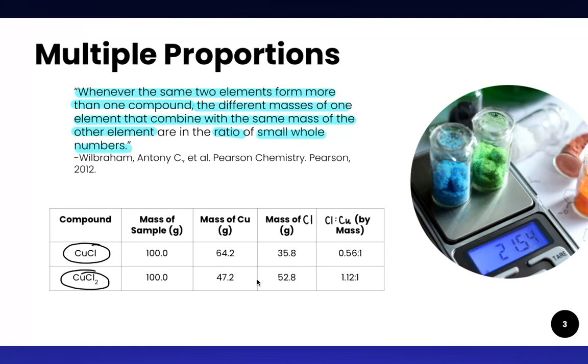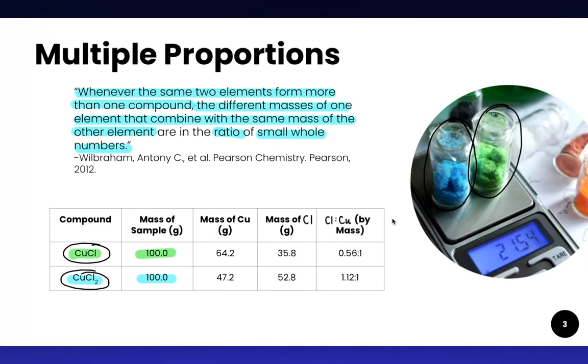Copper 1 chloride is this green chemical, and copper 2 chloride is this blue one. Okay, so we're going to use green for copper 1 chloride and blue for copper 2 chloride. During this experiment, we took the same mass of copper 1 chloride and copper 2 chloride and split them apart into copper and chlorine and took those masses.